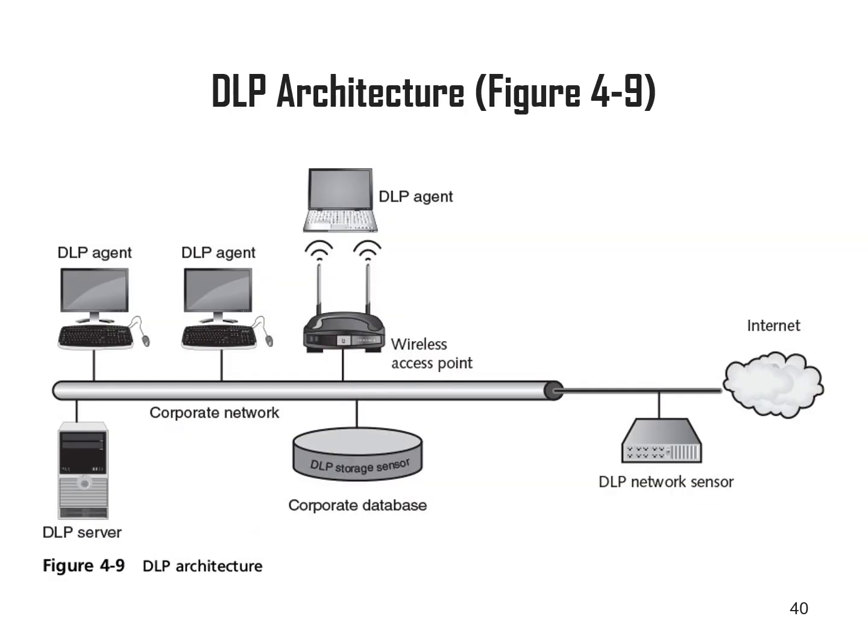This is the architecture of DLP. A DLP agent installed on a desktop protects the data in use. Similarly, a DLP storage sensor protects data at rest. If I am transmitting data across the network, a DLP network sensor protects the data in transit.